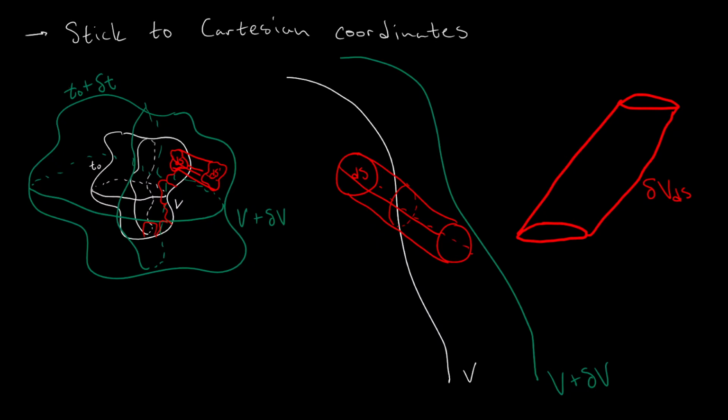If we were to add up every single one of these volumes, since none of the ds's cross, that will give me all of the little tiny pieces of volume that make up this delta V. You can see that if I draw some blob here, I get some piece there, some piece here, which connects down to here, and so on and so forth.